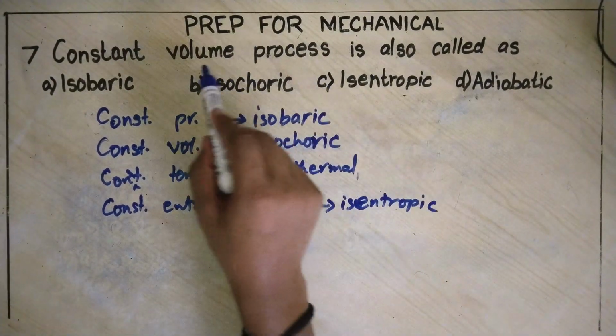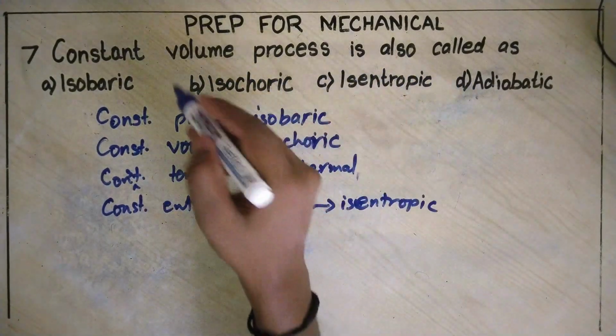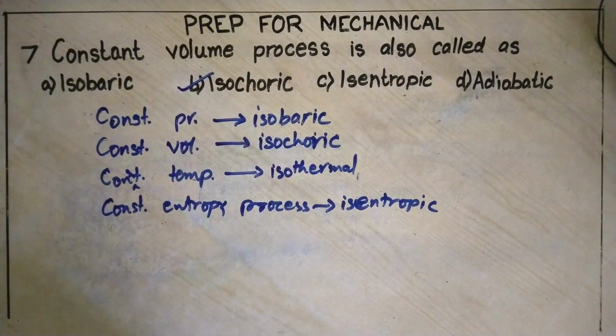So here in this question, constant volume process is also known as isochoric process.